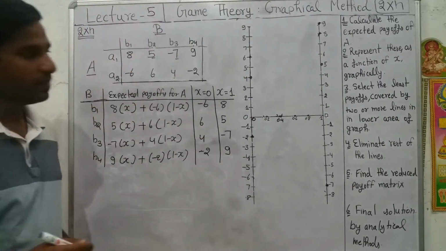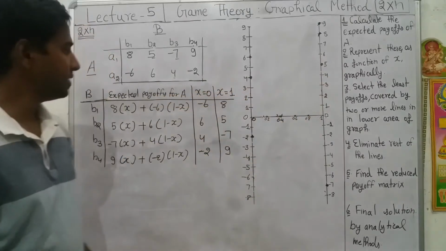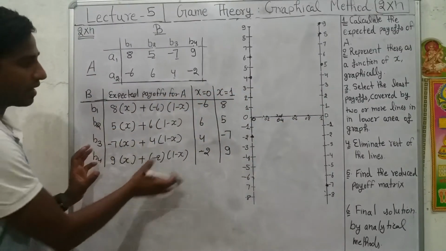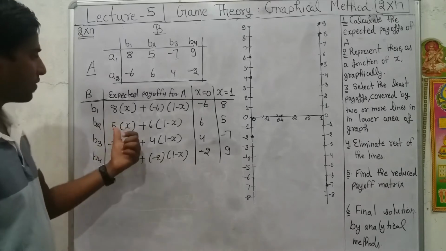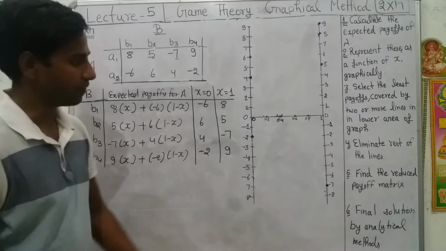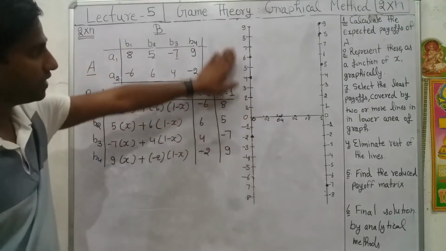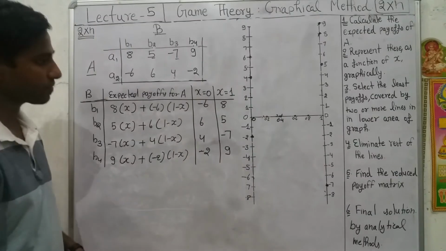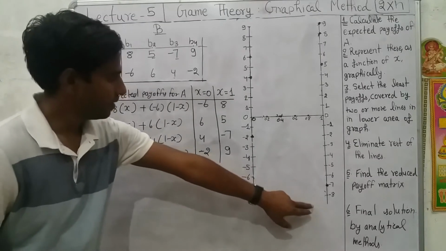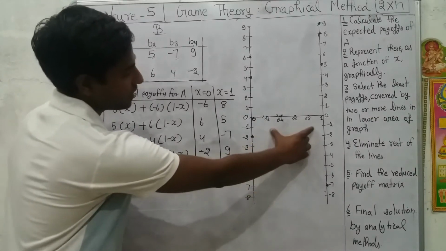adopted by company B. Now in the second step we need to represent these payoffs graphically, as a function of x. For that purpose we need to draw two vertical lines, and we need to draw a horizontal line between them.